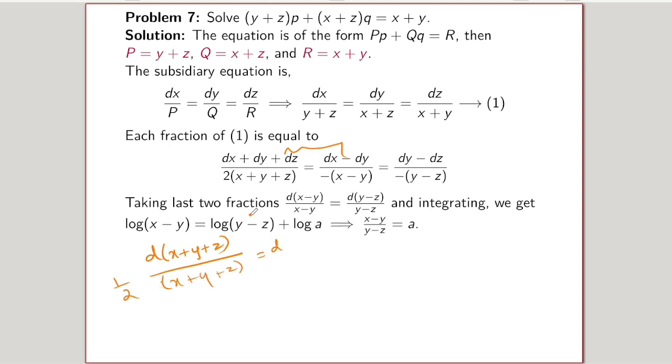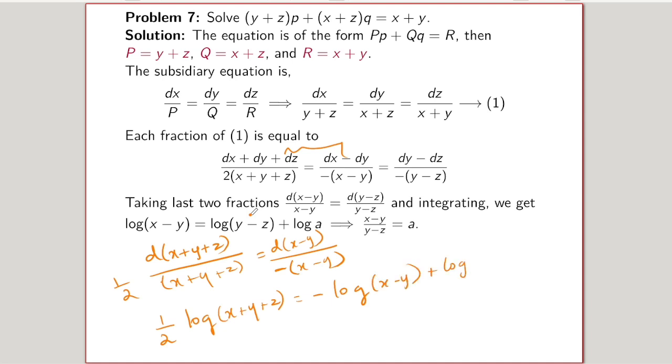And second one, taking d commonly outside, it is this term by minus x minus y. Now we can do the integration straight away. Derivative of denominator is there in numerator, so we'll be getting 1 by 2 log of x plus y plus z. Here it is minus log of x minus y plus log b.